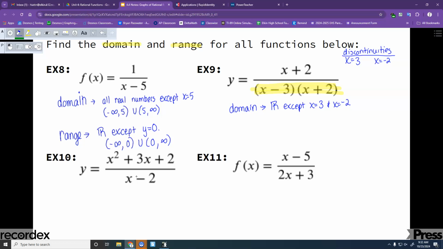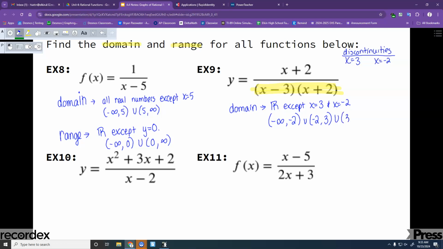Or if they use interval notation, here's how it's going to look. I don't love doing interval notation on these because it's harder. You've got to go from negative infinity up to, if I start at negative infinity, which discontinuity am I going to come to first? 3 or negative 2? Negative 2. And then I would go from negative 2 up to the next discontinuity, which is 3.